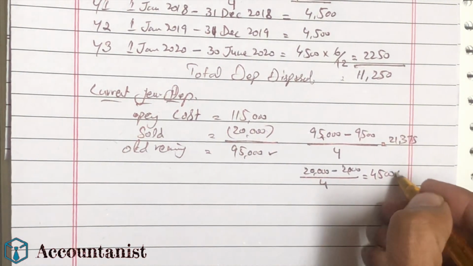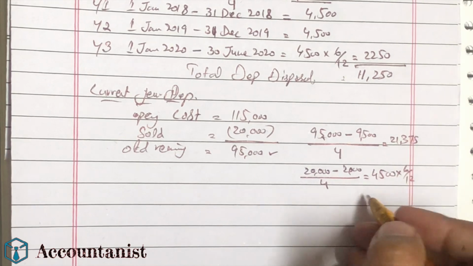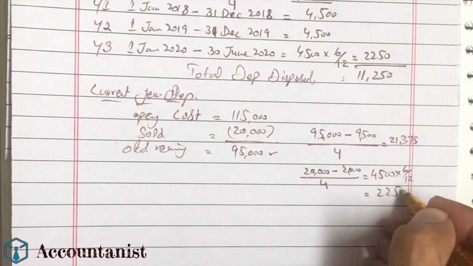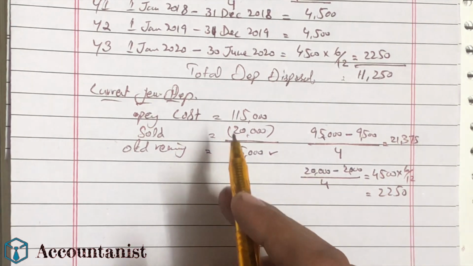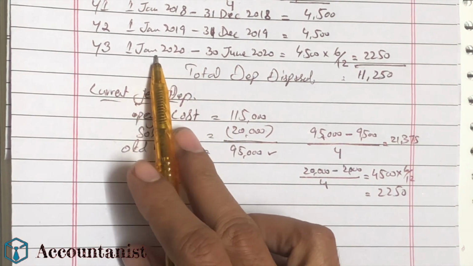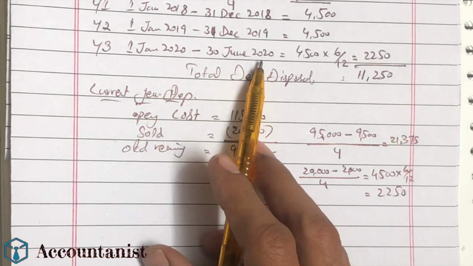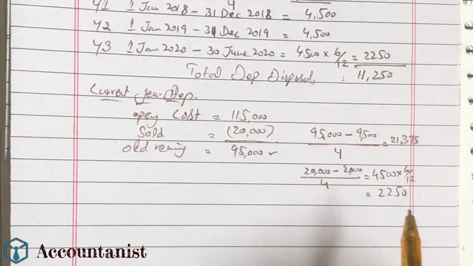So it will be the same figure multiplied by 6 by 12, which gives me 2,250, because that's the current year depreciation. 1st of January 2020 to 30th June 2020 is the period that we are calculating the depreciation for.